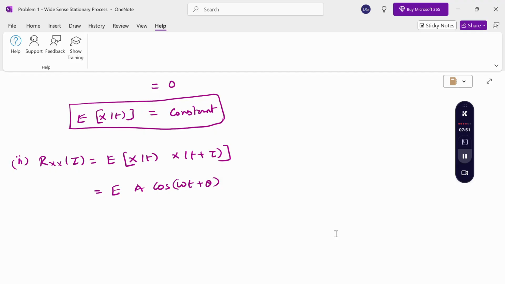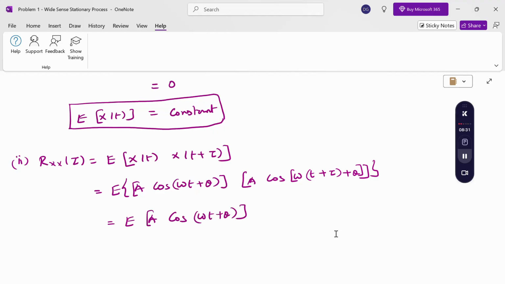This is the X(t) value. Then for X(t + τ), t + τ is not given, therefore replace t with t + τ: A cos(ω(t + τ) + θ). Now multiply: the expectation of A cos(ωt + θ) times A cos(ωt + ωτ + θ).